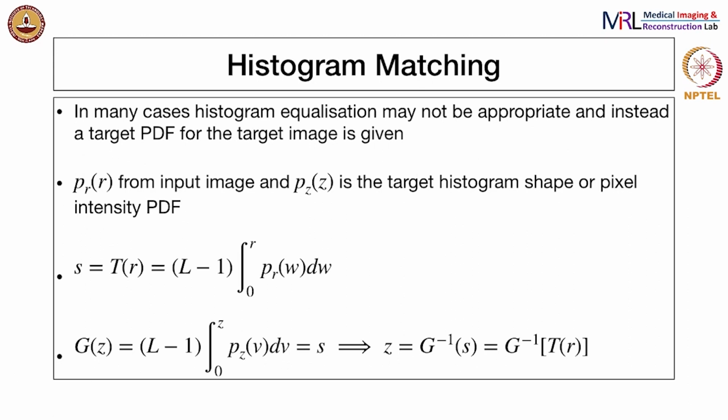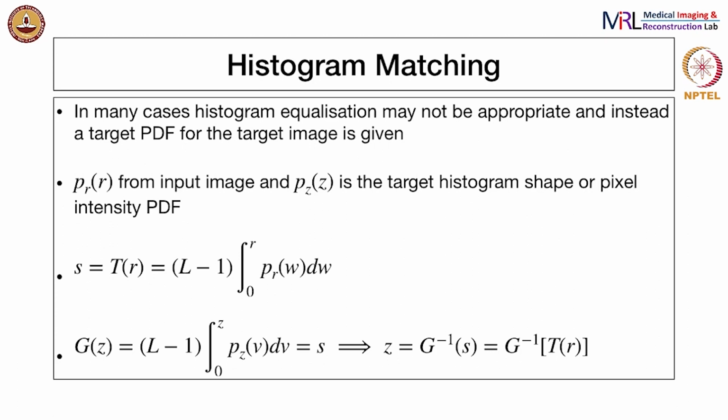In this case, you might have an ideal image, or an average of a bunch of images with very good contrast and SNR, and derive a PDF from there, and you want to match everything to that. That is the other scenario where histogram manipulation is done. That process is called histogram matching.